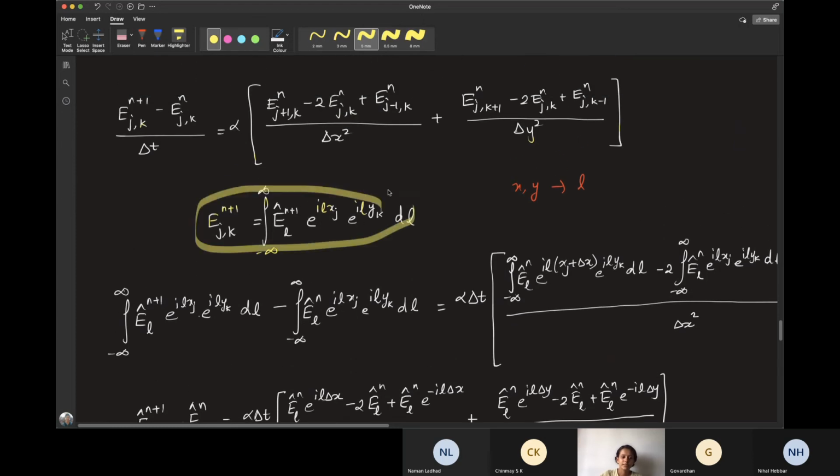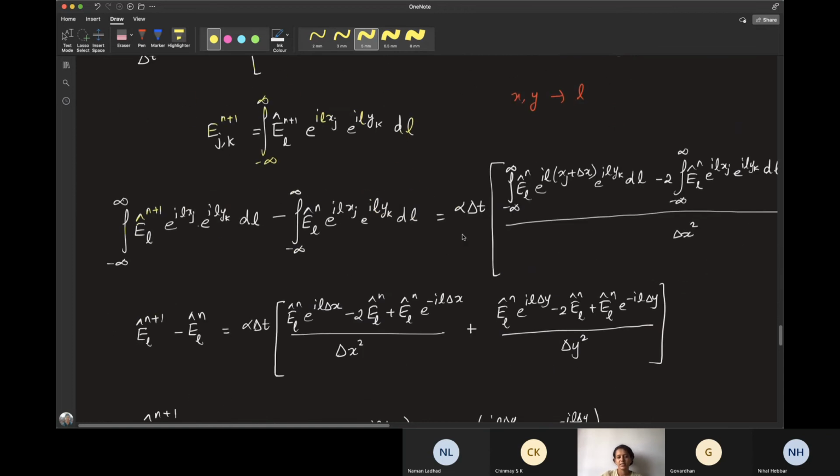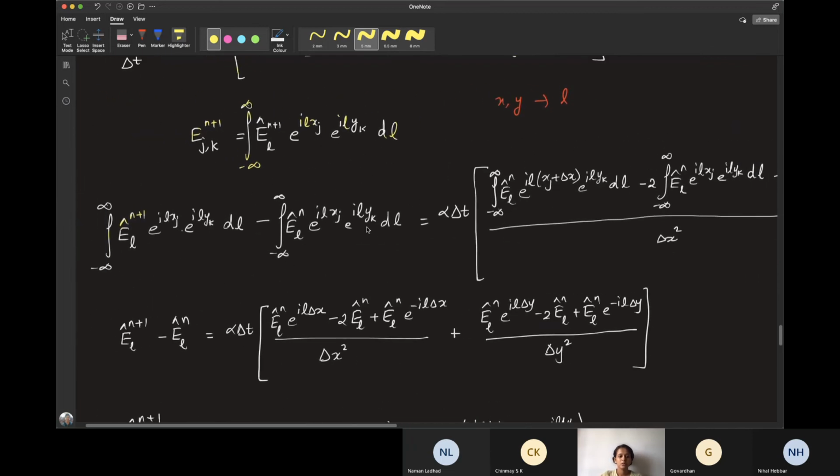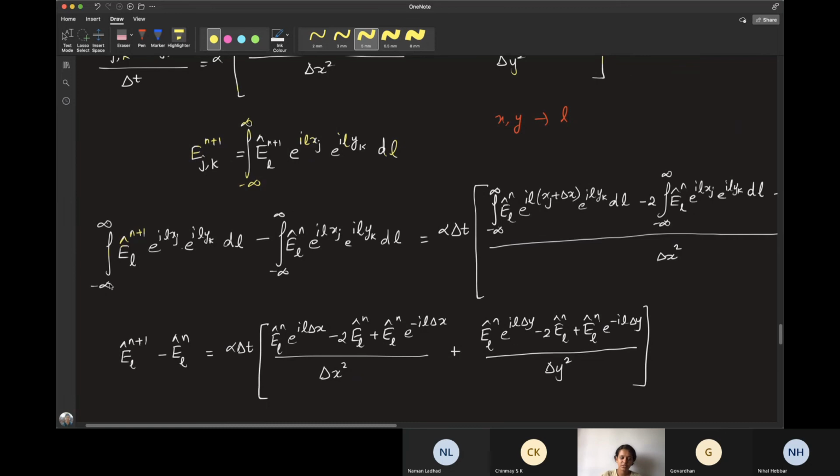So now substituting this transformation in each of these terms, you will get some expression like this. It's quite big. Now like before, because all the terms have the same variable of integration, you can combine them all together, and then you can argue that the term inside will be equal to 0.